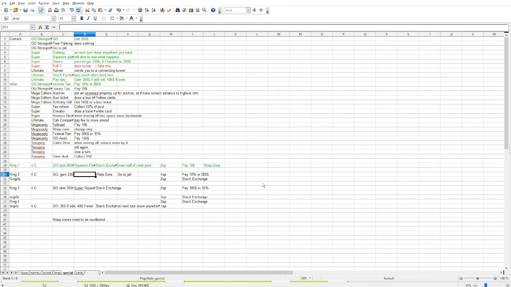Ring 2. Ring 2, this actually would make sense. Wait, I copied the wrong thing. Okay, cool. This is where free parking belongs.